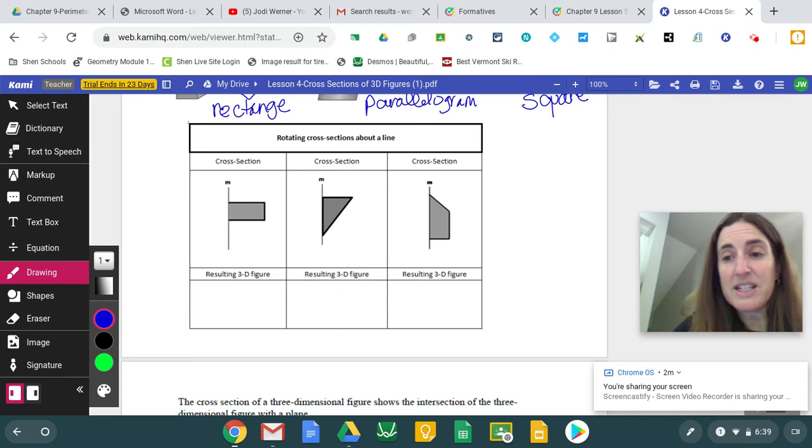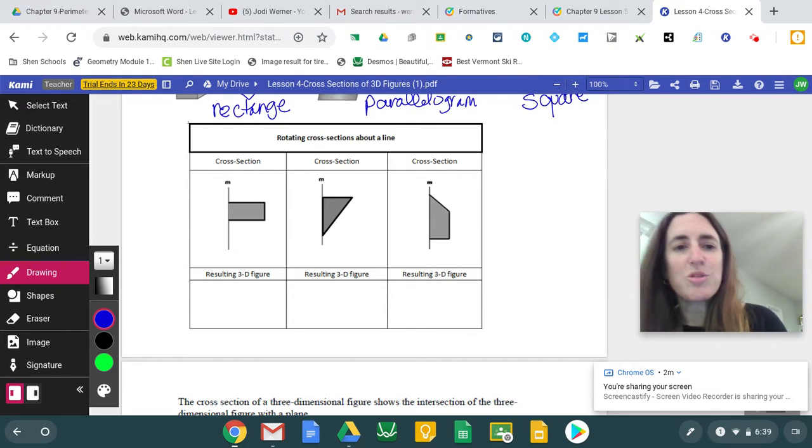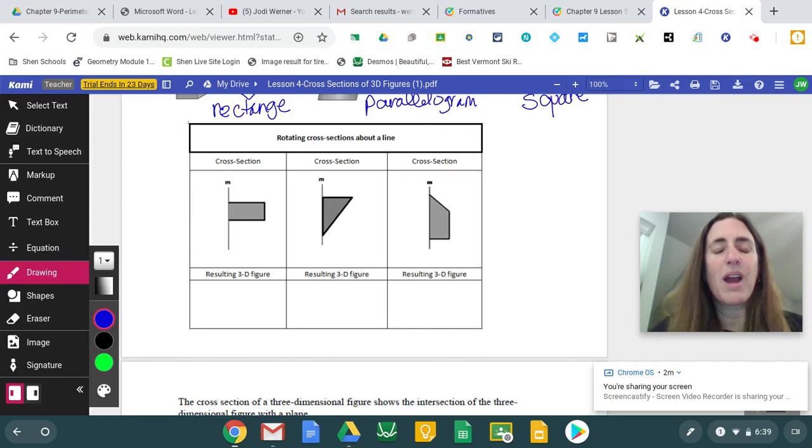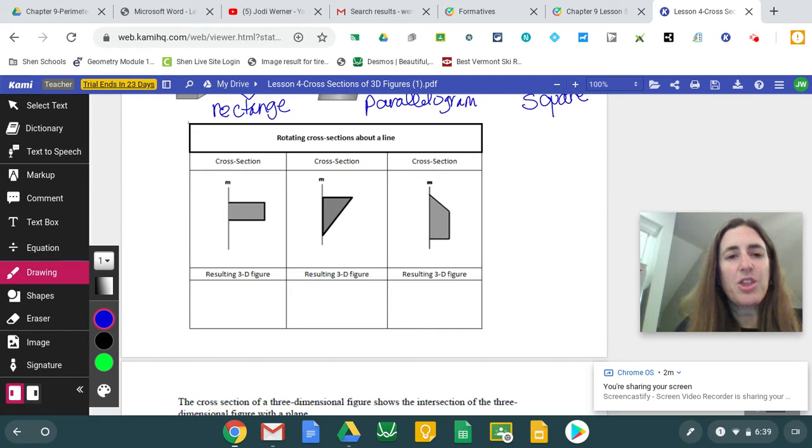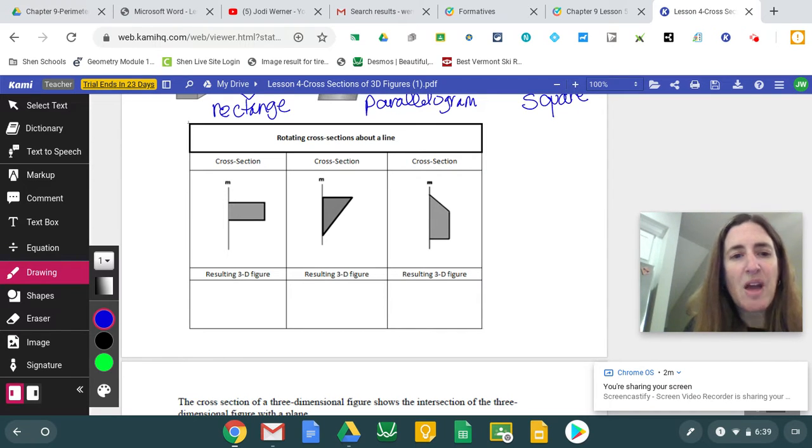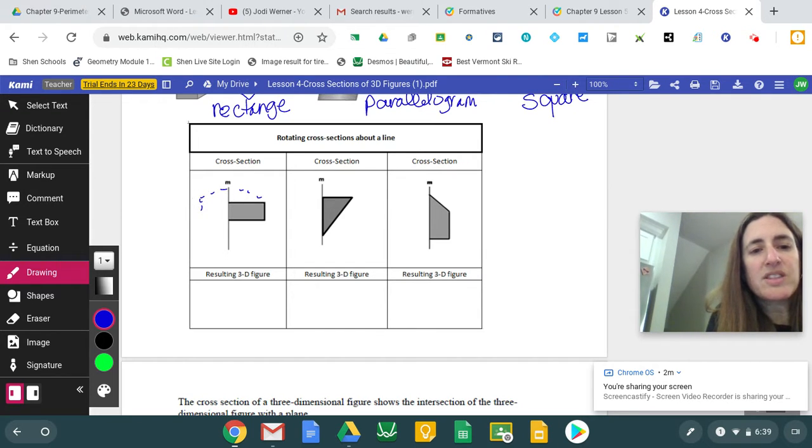Now, sometimes you can take an actual cross section and rotate it around a line. So you have to think 3D. This is not just a flat rectangle laying there, but if you were to take that rectangle and rotate it around, that's probably going to make a cylinder as a result.